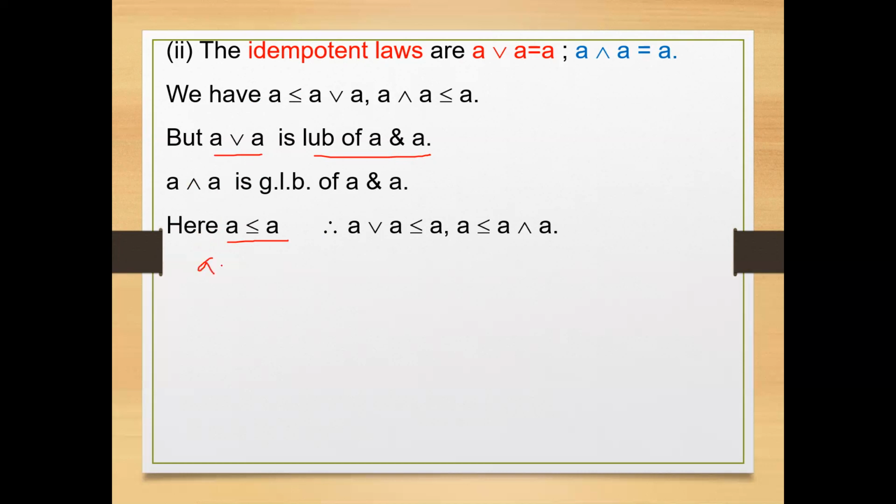That means you can say a is an upper bound of a and a. This is an upper bound, right? Whatever comes on the right side will be an upper bound. a is an upper bound of a, but a join a is the least upper bound of a and a. So one value is the least upper bound and one value is an upper bound. In less than or equal to, which will be smaller? The least upper bound will be smaller, a will be bigger. Who is the least upper bound? a join a. And who is just an upper bound? a.